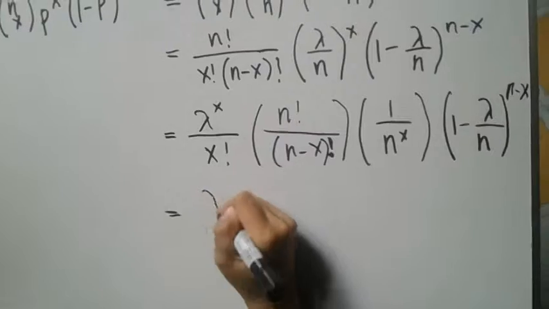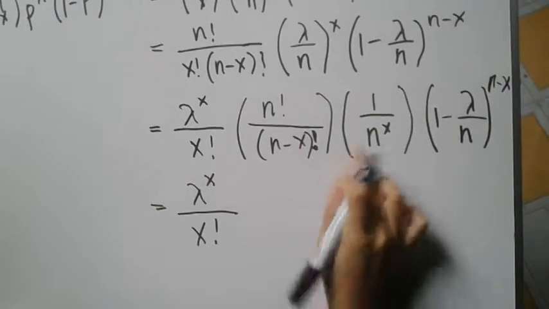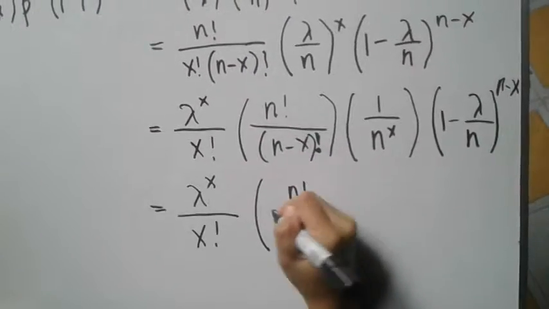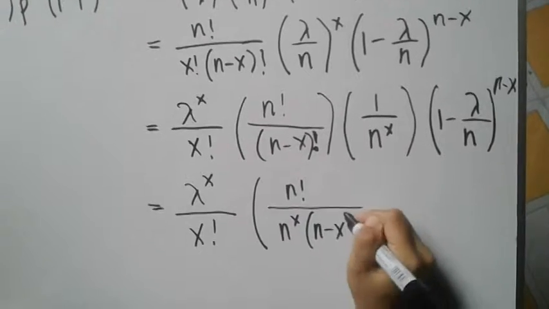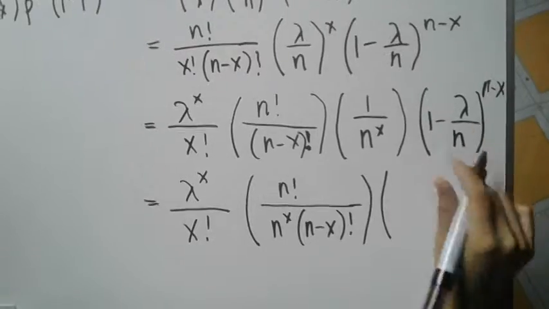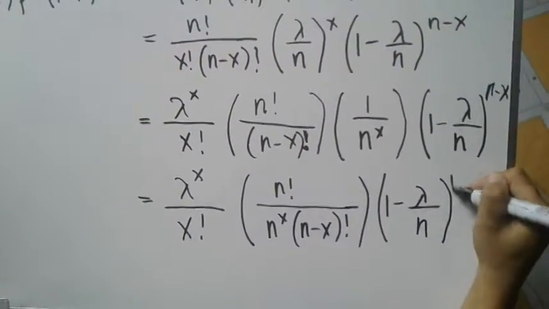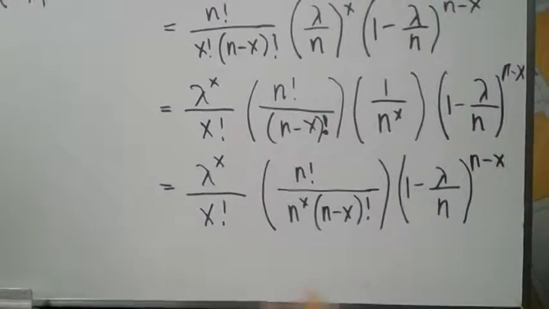Next, just copy lambda to the power of x over x factorial and multiply these two. We have n factorial all over n to the x times n minus x factorial, and just copy this one, 1 minus lambda over n to the power of n minus x.